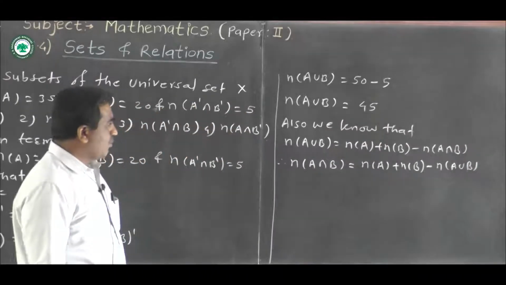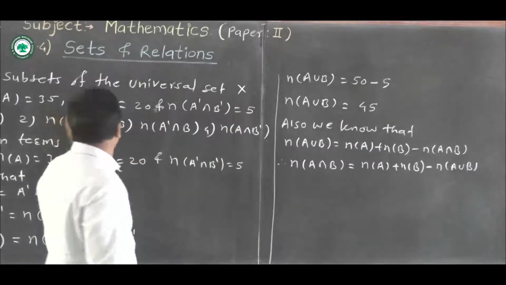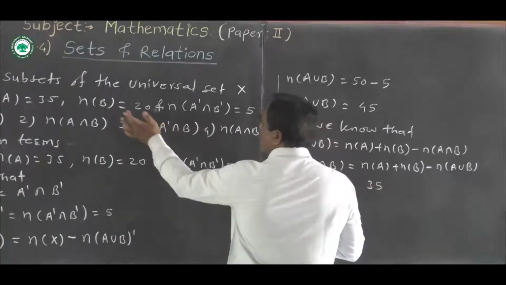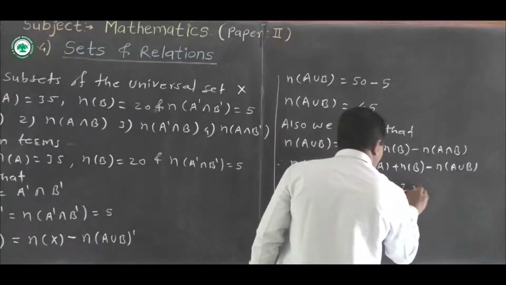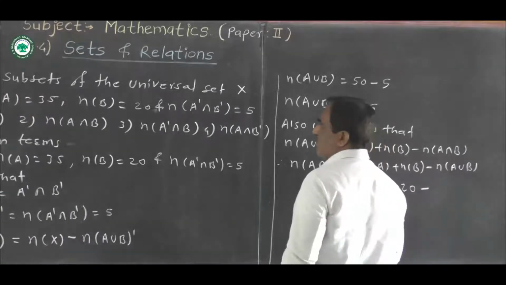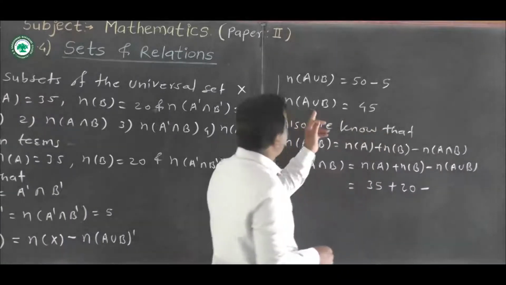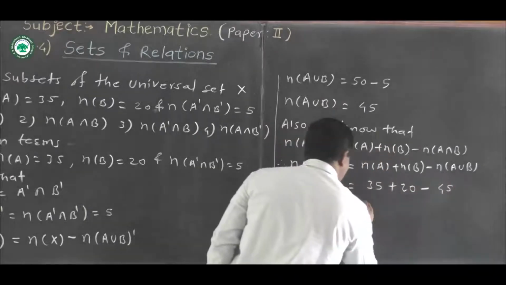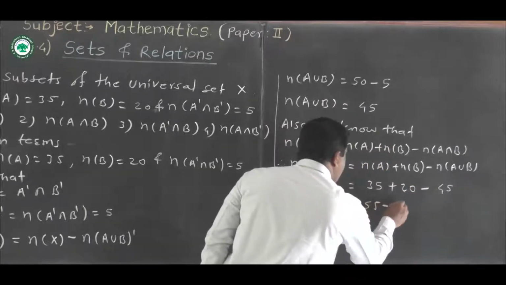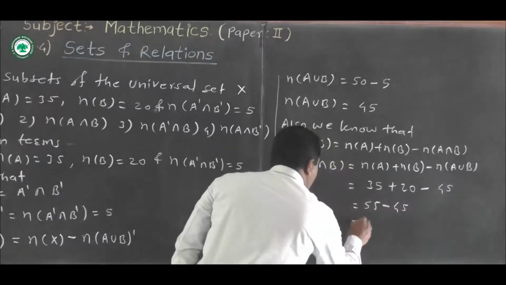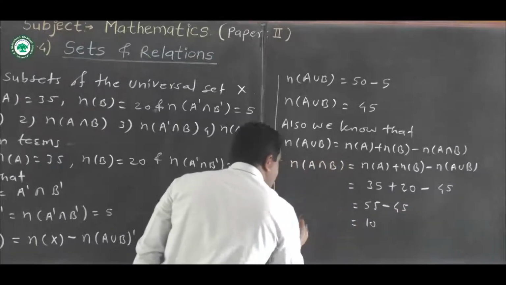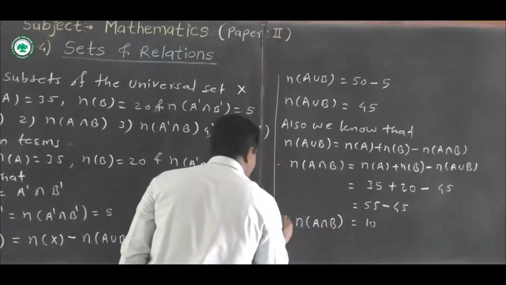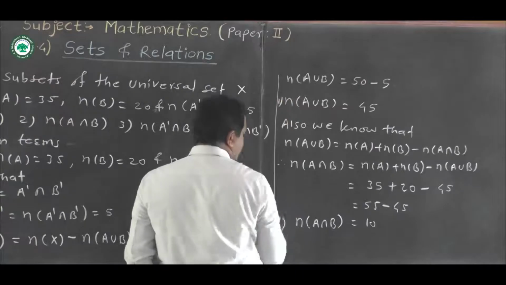Okay, now n(A) is given as 35. Put these values here: n(A) 35, n(B) 20, plus 20 minus n(A union B), which is 45. That is 55 minus 45 is equal to 10. This is the value of n(A intersection B). Okay, this is the second value, and that was the first.